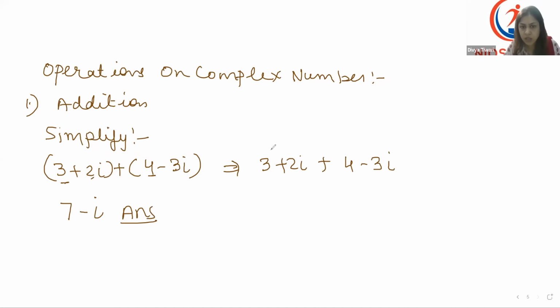As you can see, this is the real part, this is the real part. These both values are positive, so 3 plus 4 I got as 7. Now this is 2i and this is minus 3i. We already know the concept of integers: plus and minus will give me what? Minus. So 2 minus 3 iota has given me minus iota. Is it clear to you now, Neha?